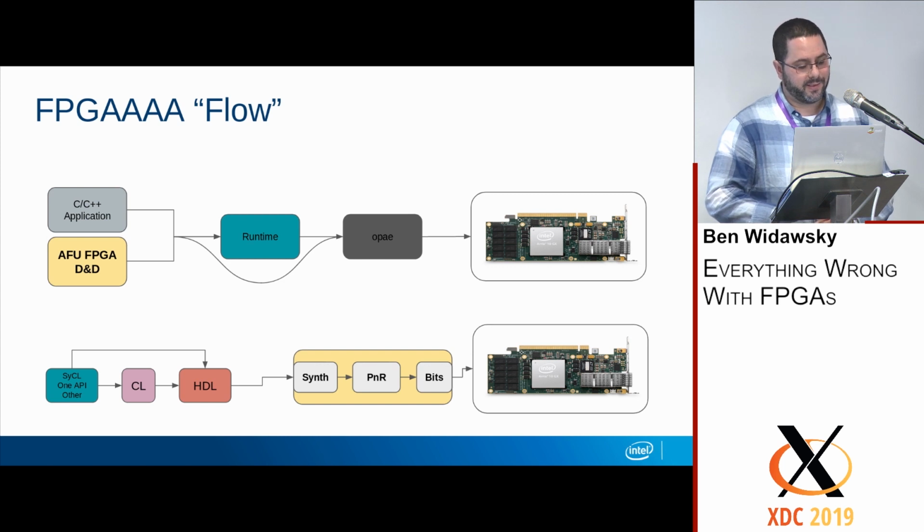Typically, these days, they're going into CL, and then you have a CL to HDL conversion, and then you go through your normal flow. Now, the bottom one could also work with that top one, so you can use SYCL to create an acceleration unit and then go through the runtime and have that on there. But I don't think anybody's actually doing that today.